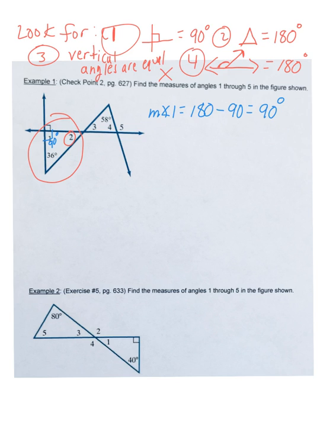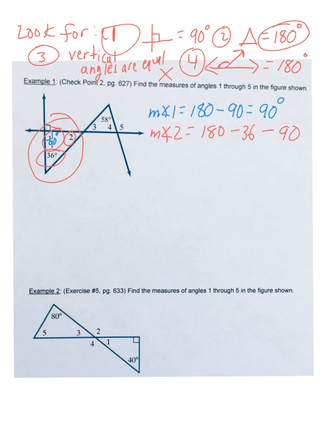If I were to add up all the angles of any triangle, it equals 180 degrees. We are working backwards. Whenever we work backwards to find a missing angle, we do subtract. So I'm going to write 180 to represent that triangle, minus 36 degrees, minus angle 1, which was 90 degrees.